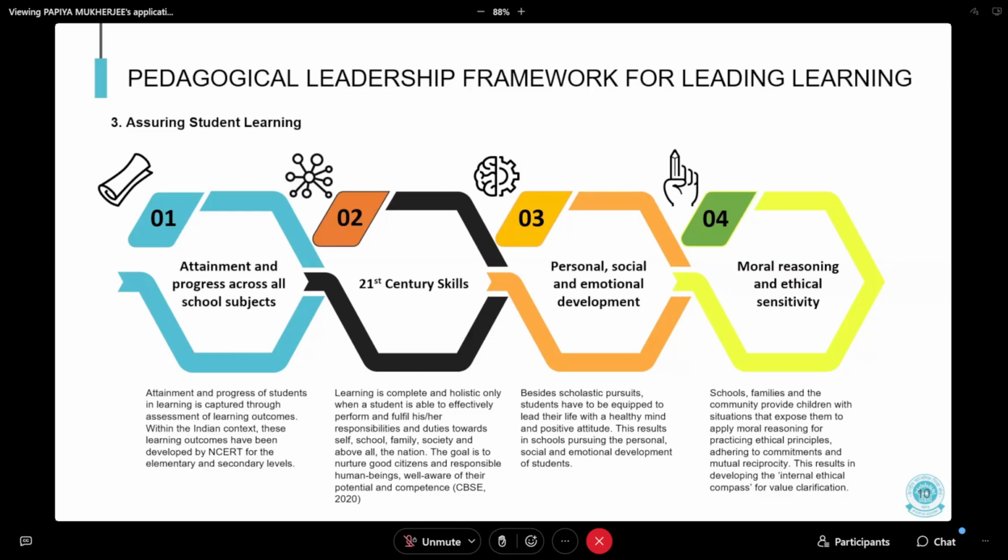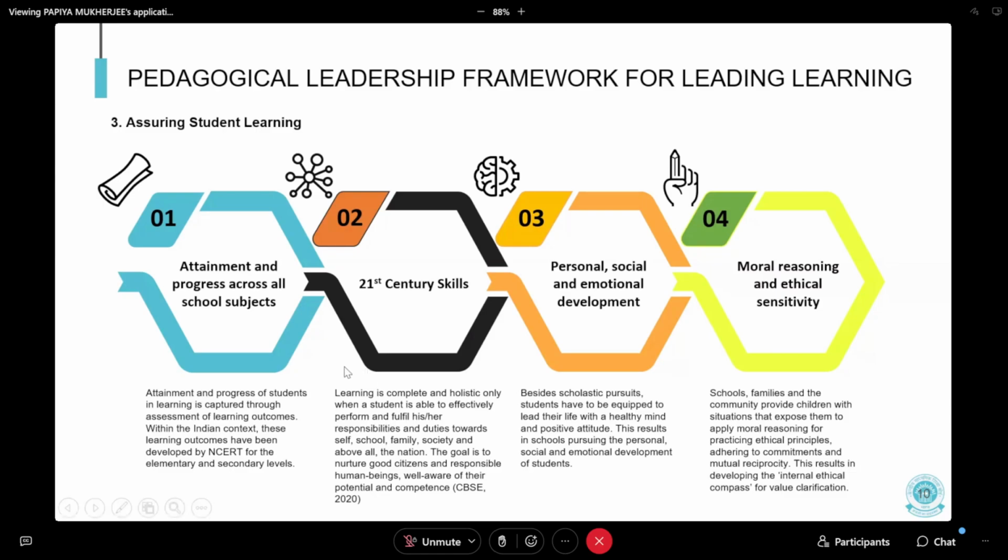At the same time, ethical practices are to be followed. We need to groom our students, make them learn, and that will develop the internal ethical compass. And by that, they will do value clarification.